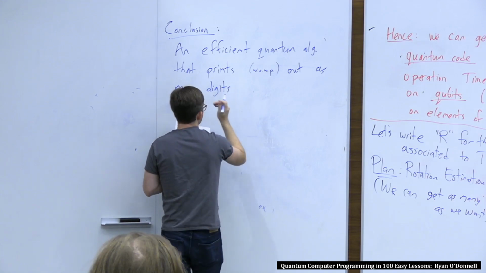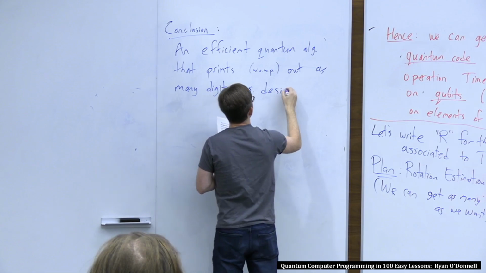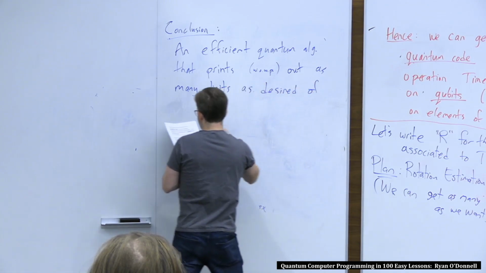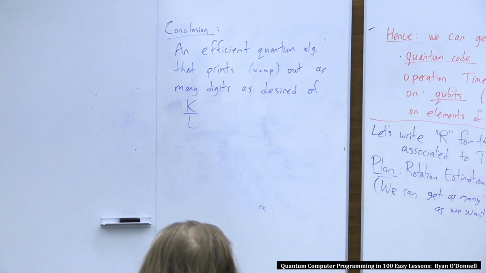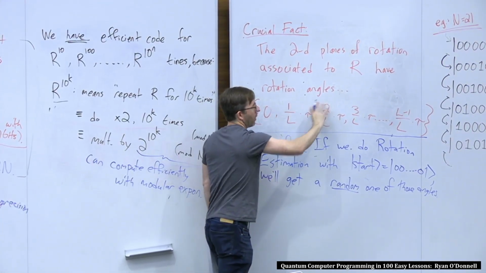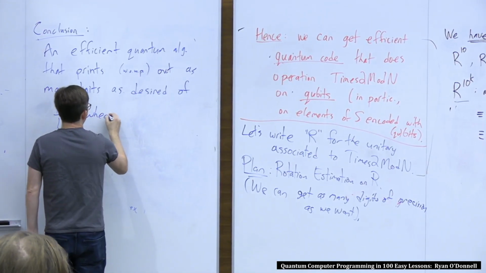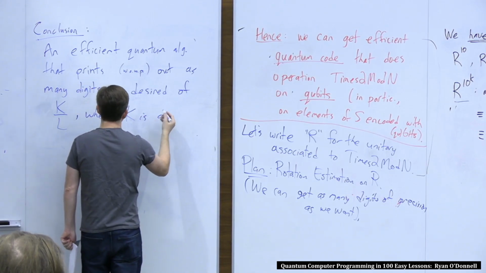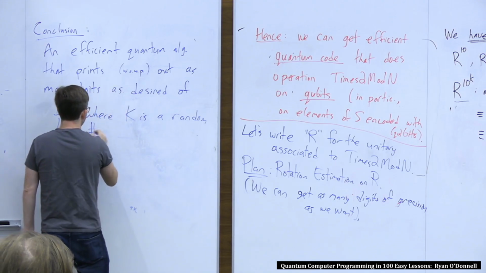So maybe 2,000 digits if we're factoring a 1,000 digit number, of k over L. Whenever we get out the angle from rotation estimation, we immediately divide by this 2 pi and just get back the fraction. So we'll get as many digits as desired of this fraction, k over L, where k is a truly uniform random number between 0 and L minus 1.